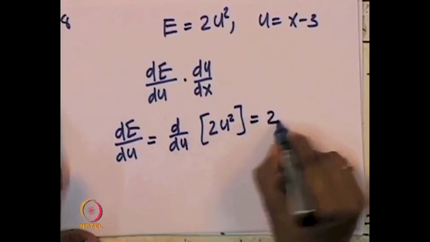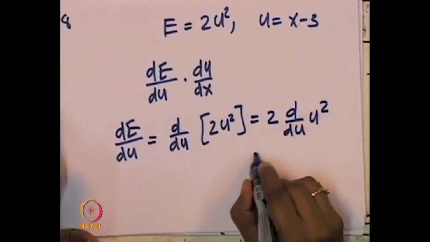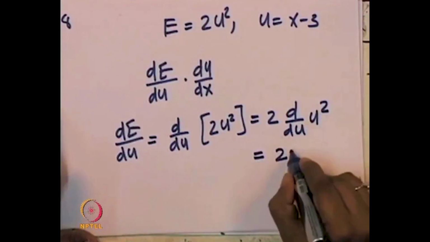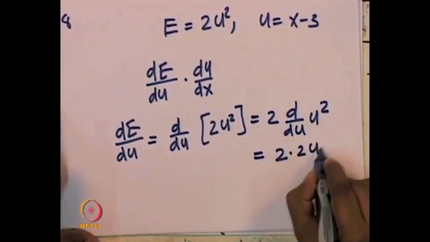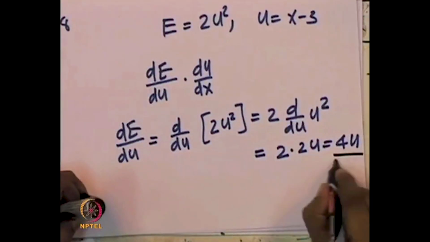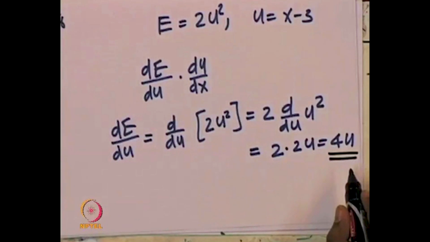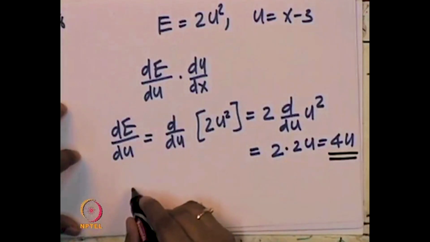So this is 2 into d by du of u square, which is 2 times again 2u. So this is 4u. So we found that dE by du is 4u.